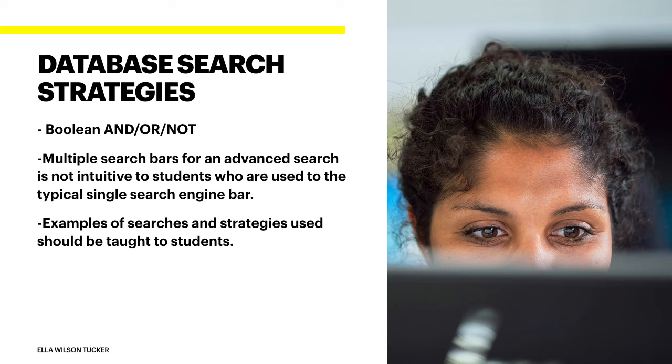For example, students should be taught how to use Boolean phrases and, or, and not. Students might only know how to use a single search bar, such as the single search bar used for a Google or Bing search, and the various optional search bars may not be intuitive for beginners.